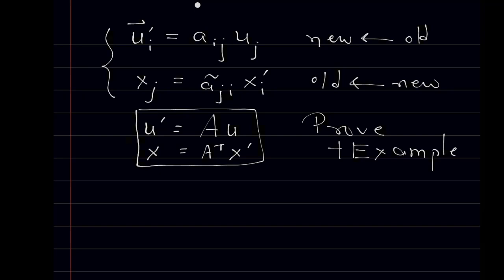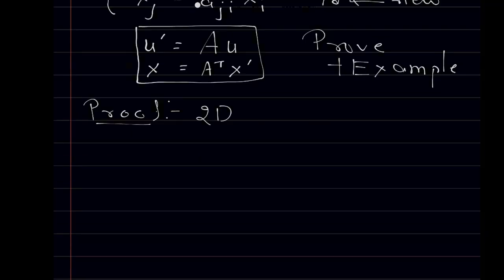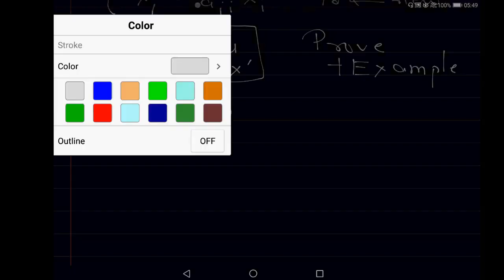Now for simplicity, I'll do the proof in 2D. Okay, so how should I do the proof is the following. So consider that u_i prime equals a_ij u_j. What does this mean?